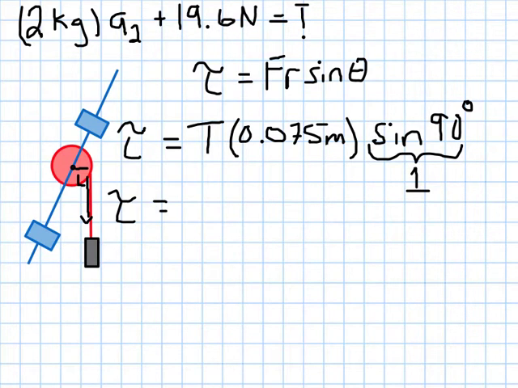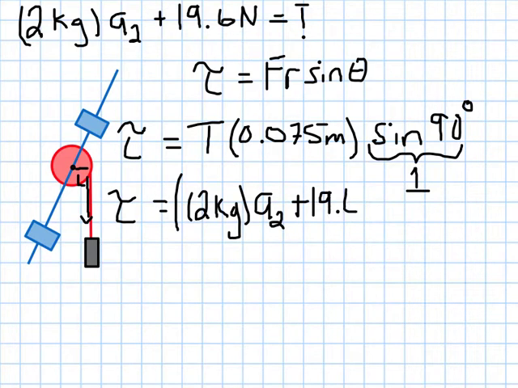So now we have that the torque is equal to, let's put the tension in there. The tension is 2 kilograms times the acceleration of the 2 kilogram mass plus 19.6 newtons, and then all that is going to be multiplied by the 0.075 meters.